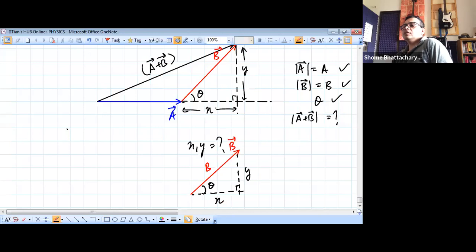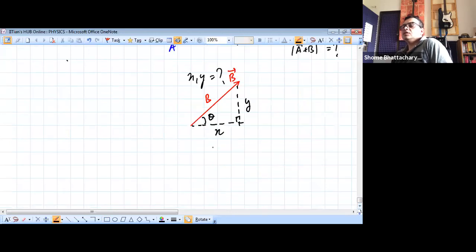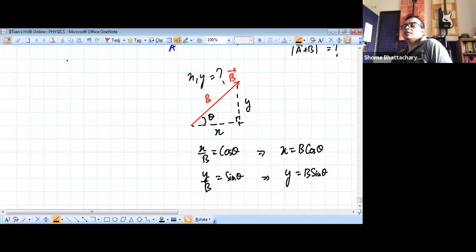So for this triangle, we use trigonometry. Base upon hypotenuse is cos theta and perpendicular upon hypotenuse is sin theta. So we can calculate the value of X as B cos theta and the value of Y as B sin theta. So in the above triangle, we have calculated the values of X and Y.